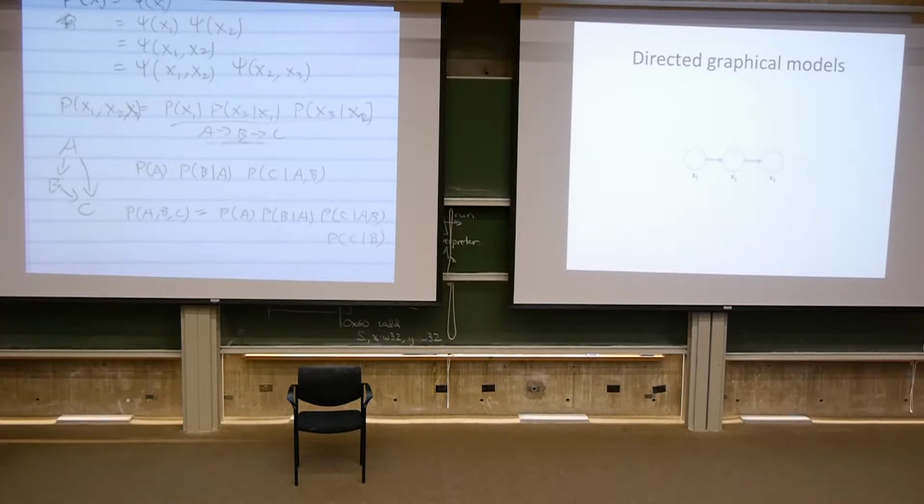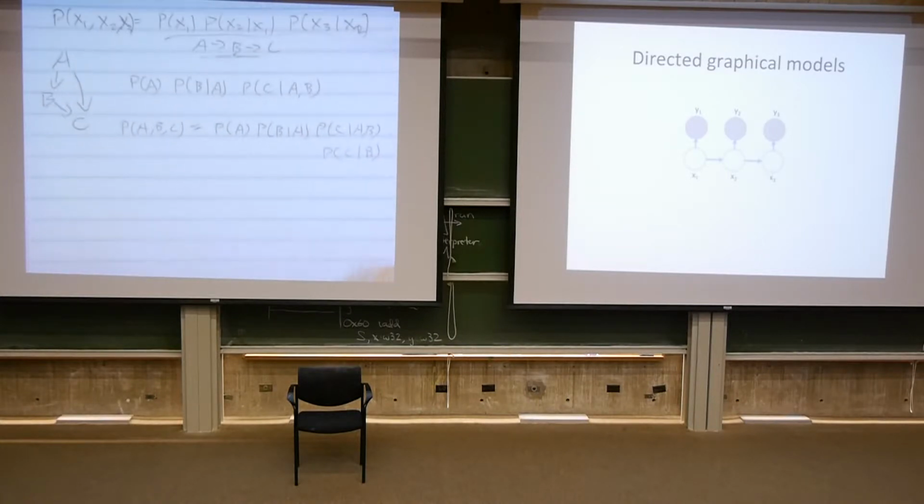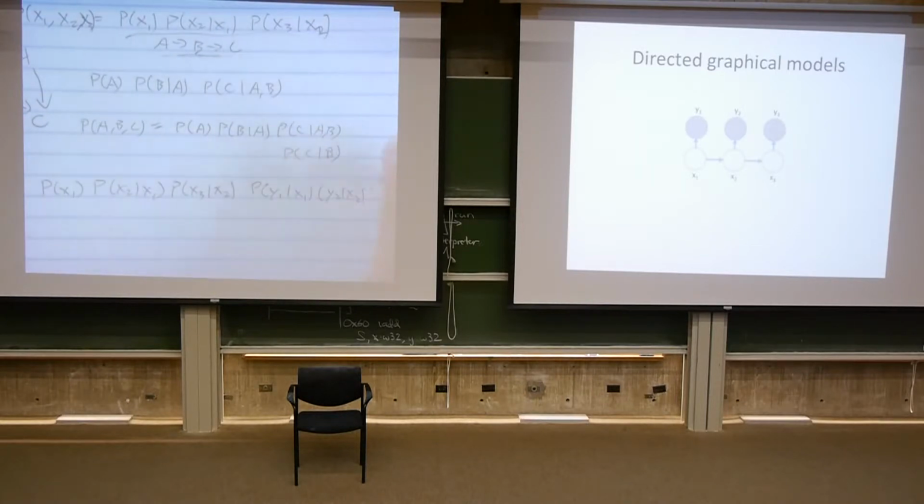Okay, all right, and we can also do a directed version of that output thing. This is actually the hidden Markov model. So the probability terms here would be P of x1, P of x2 given x1, P of x3 given x2. That's the normal chain. And then we also have P of y1 given x1, y2 given x2, y3 given x3.